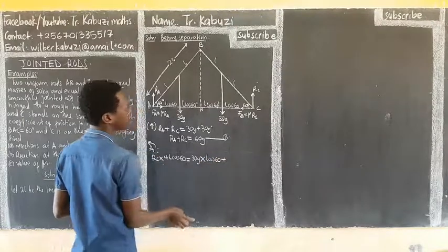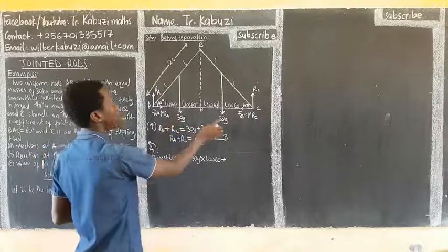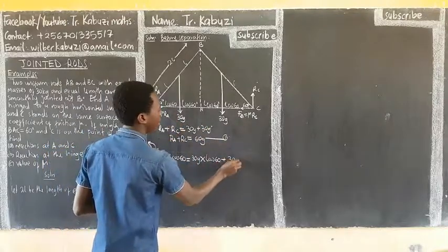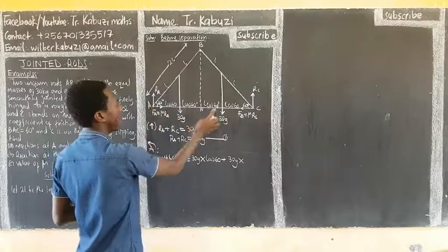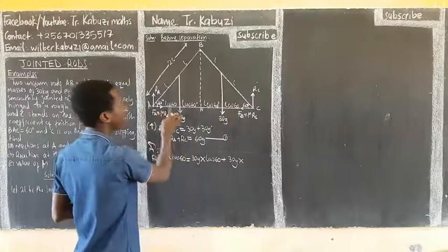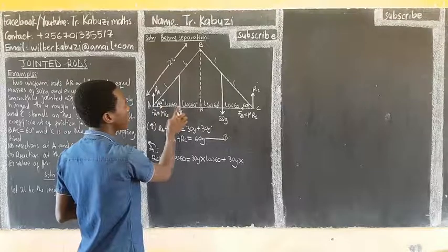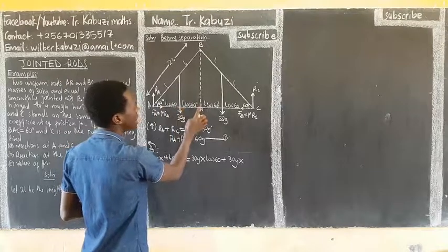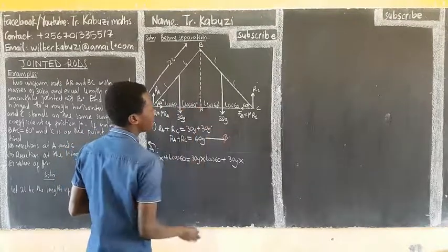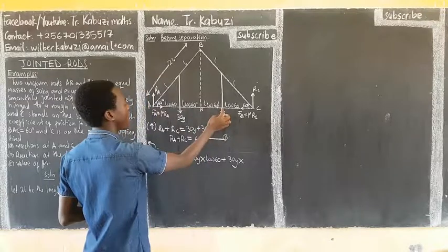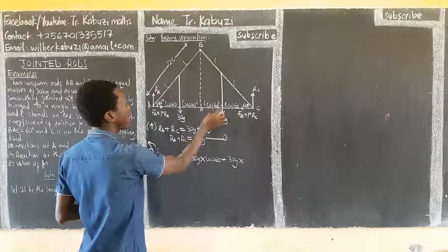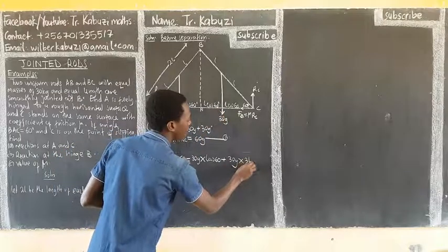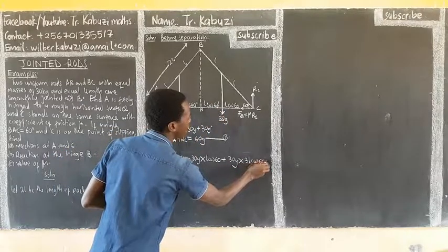Then plus, I come now to this 30, times this perpendicular distance from here up to here. I think you see this is going to be 1L cos theta, 2L cos theta, 3L cos theta. So from here up to here is 3L cos 60 degrees.